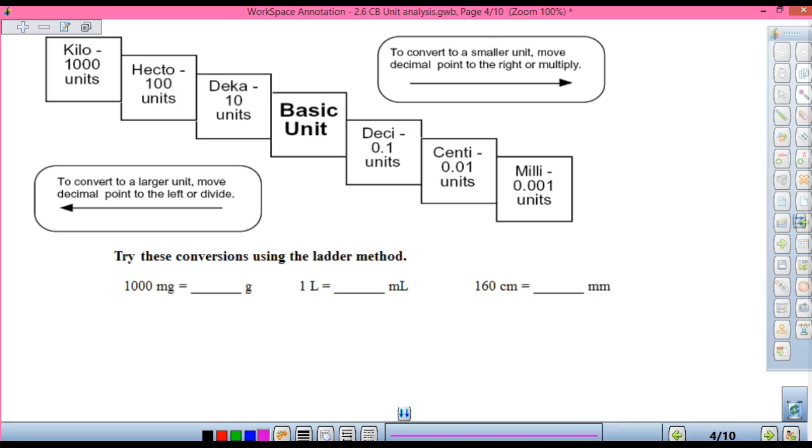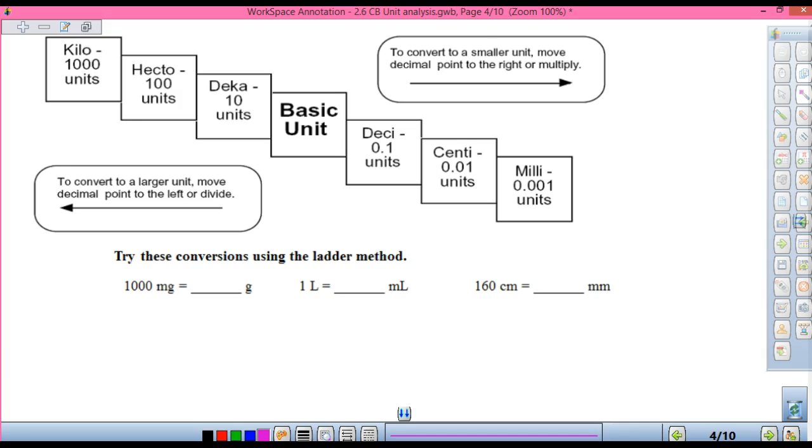Okay, and then if you remember from way back when, converting metric stuff, how many grams are there in a kilogram? 1,000. Yep. Deci means 10, centi means 100, milli means 1,000.